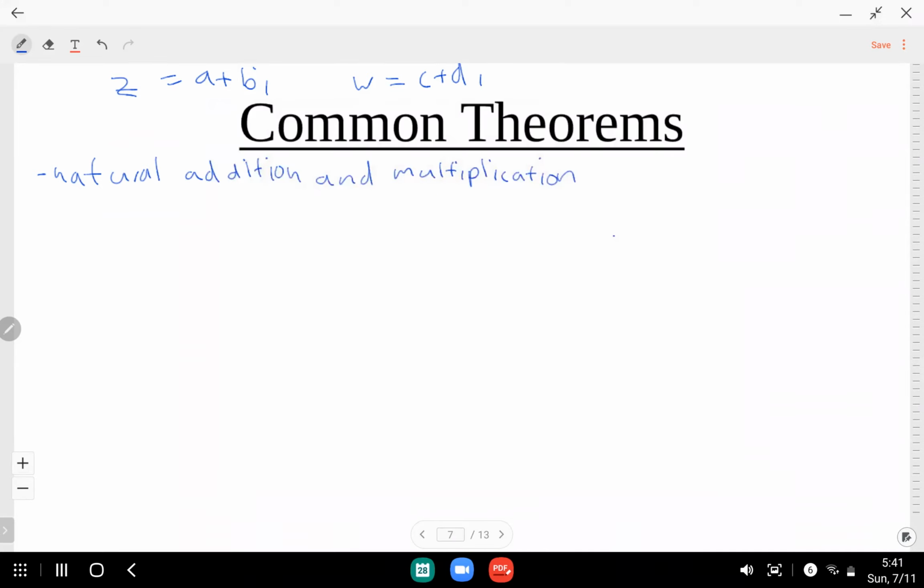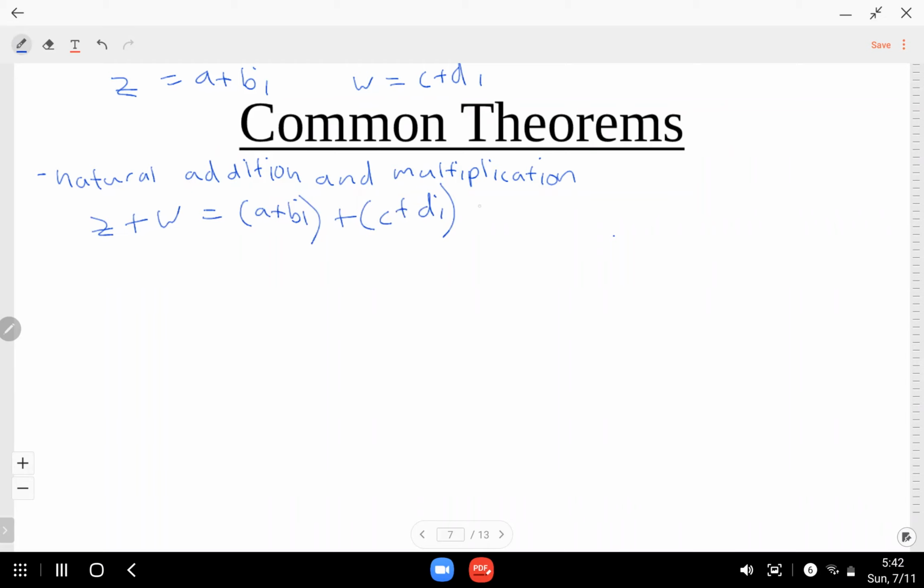Natural addition and multiplication. So z plus w equals a plus bi plus c plus di. When we're simplifying these, we never put the i next to d or b.